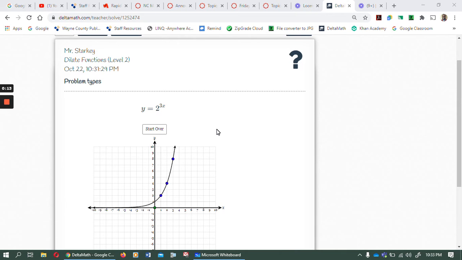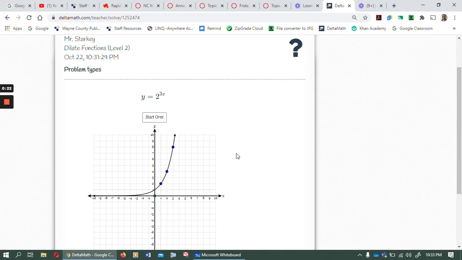But anyway, I said I was going to show you a type of this problem where the dilation is a horizontal shrink, and that's what I'm going to do here. We know that it's a horizontal shrink because I've highlighted the inside of this exponential function, the part that is the exponent.